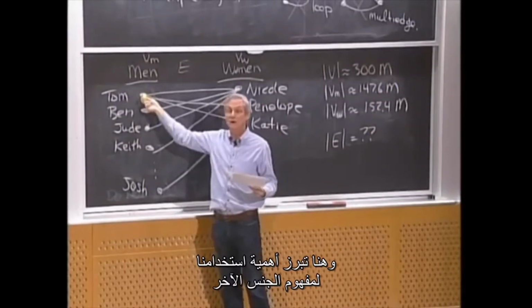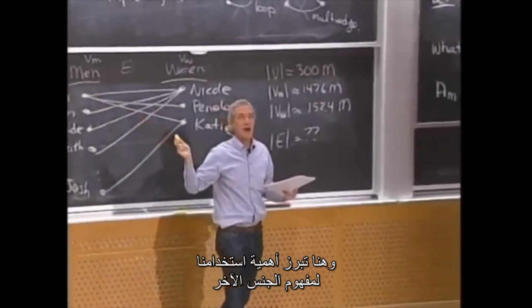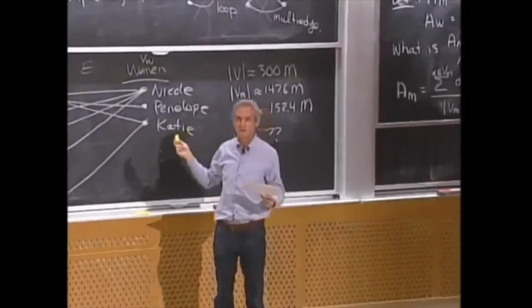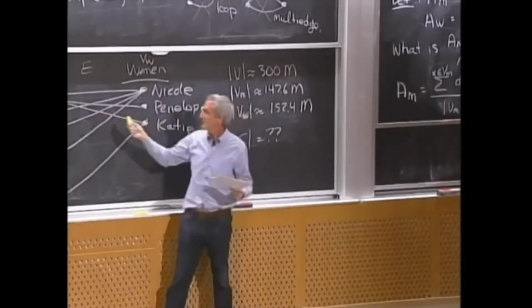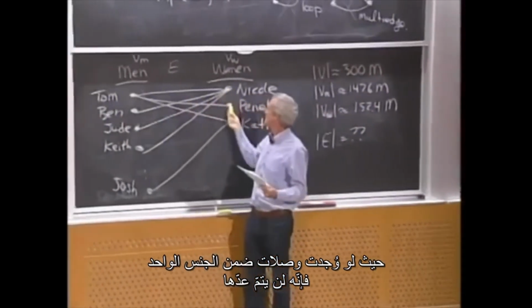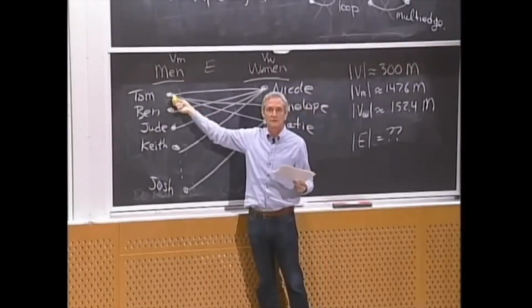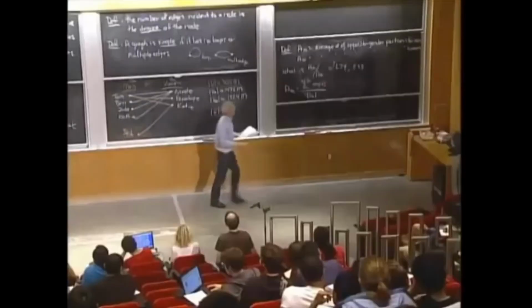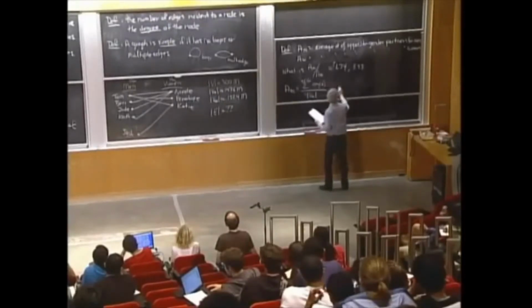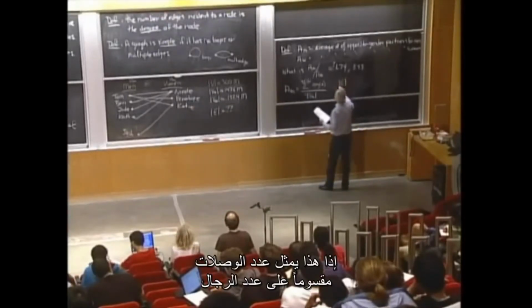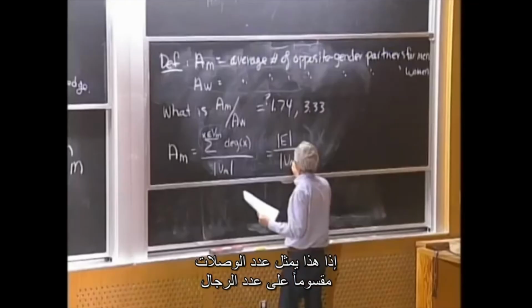And this is where we use the fact that we have opposite gender partners. Because if I had some edges over here, they wouldn't get counted in the sum of the degrees here. So this is just the cardinality of E, the number of edges, divided by the number of men.